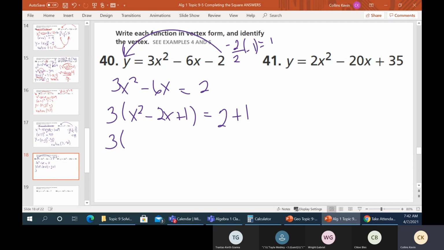So we do 3, and this is the number we want to use here. So this is going to be x minus 1 squared equals 2. Then our last move is we just need to move it back over here. So then y equals 3 times x minus 1 squared minus 2.